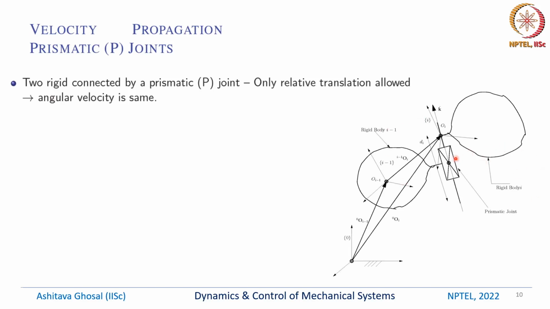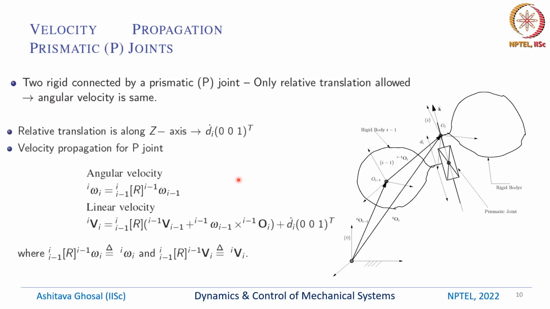So here is a figure. I have a rigid body I and a rigid body I minus 1. They are connected by this prismatic joint, which allows translation along this joint axis, and the variable which represents translation is di. And again we have all these different axes and the origin of the I minus 1th rigid body and the origin of the ith rigid body.